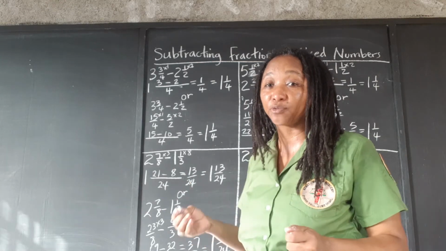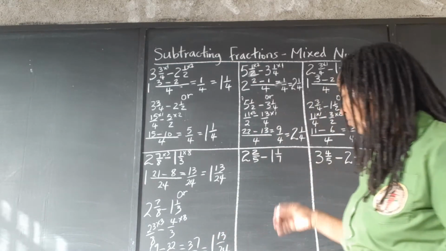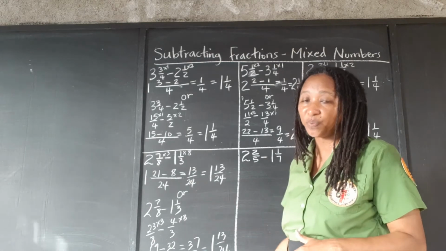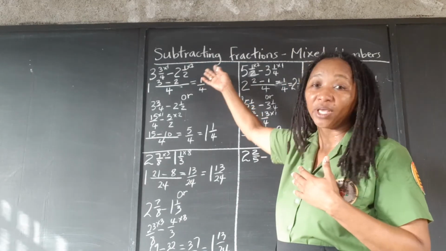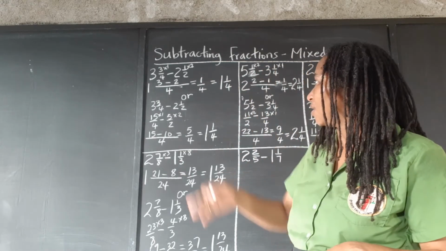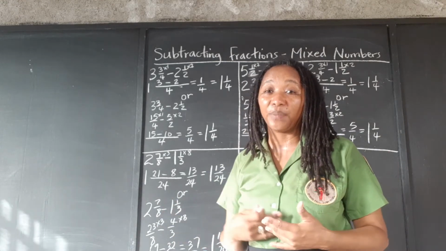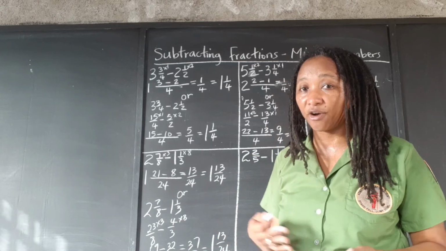Remember, it's different routes to the same destination. Different ways of getting to the same place. It's not that one is superior to the other. You may prefer one. I personally prefer the first method because when you use this method, you work with smaller numbers. It's an easier method for me because smaller numbers will have less errors occurring.